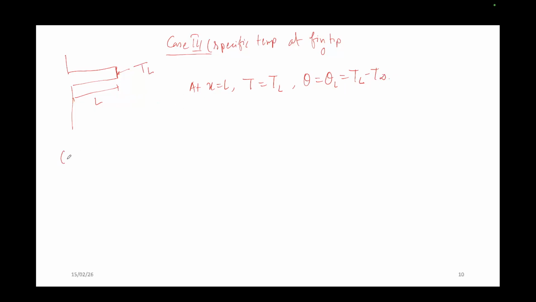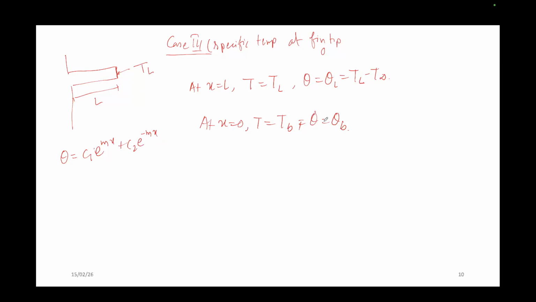Initially the equation was the same: theta is C1 e to the power mx plus C2. These are equal and same in all these cases, and at x equal to 0, T is Tb, theta is theta b.